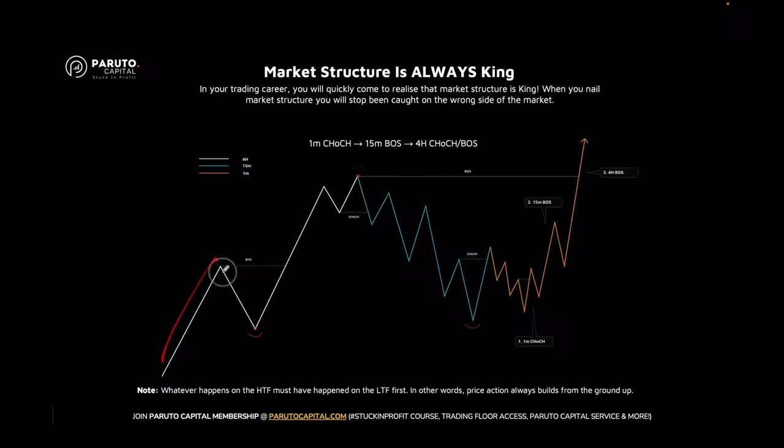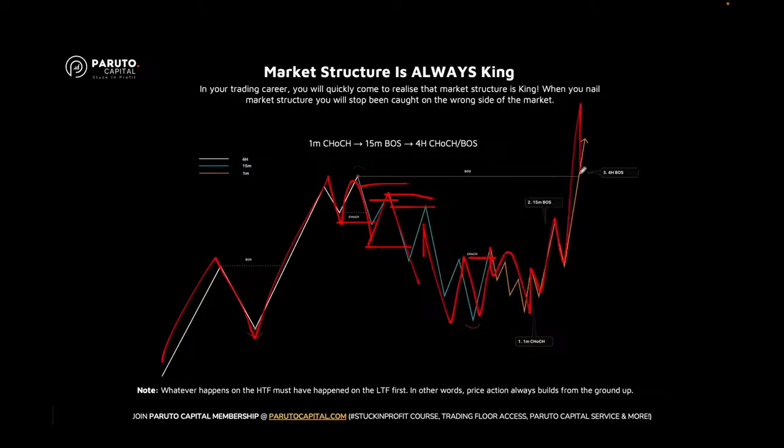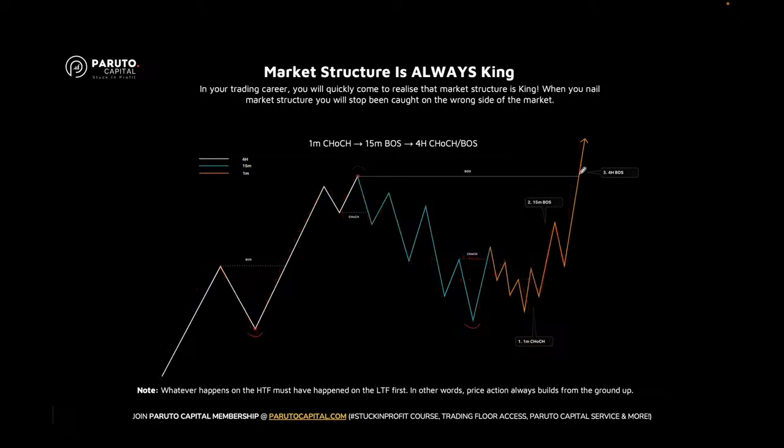So we have the 4 hour upward move, the 15-minute change of character, and then the trend internal order flow. You can see that it comes into that zone and then it continues again. And then all of that just continues to move, right? So it just continues to follow what price would do. So price will do whatever it wants to do.